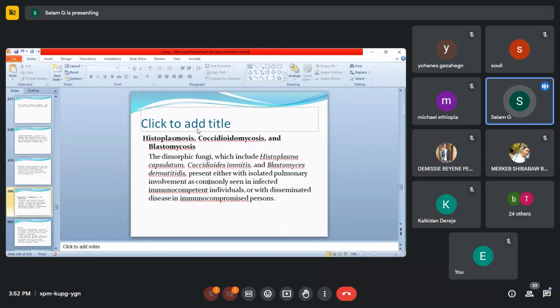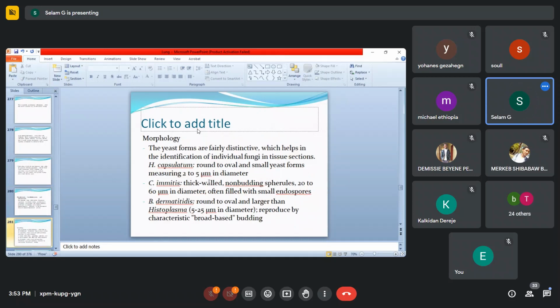The other causes of chronic pneumonia are fungal organisms like Histoplasma, Coccidioidomycosis, and Blastomycosis. These dimorphic fungi, which include Histoplasma capsulatum, Coccidioides immitis, and Blastomyces dermatitidis, present with isolated pulmonary involvement, as commonly seen in infected immunocompetent individuals, or with disseminated disease in immunocompromised patients.